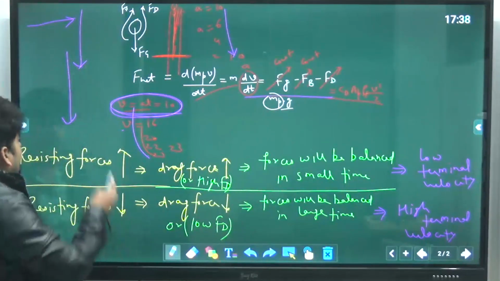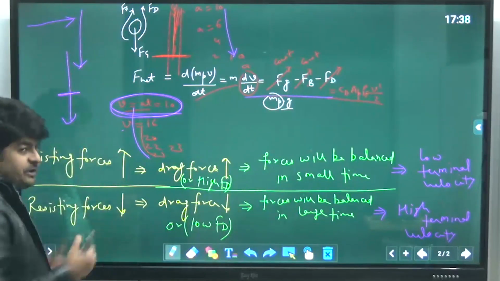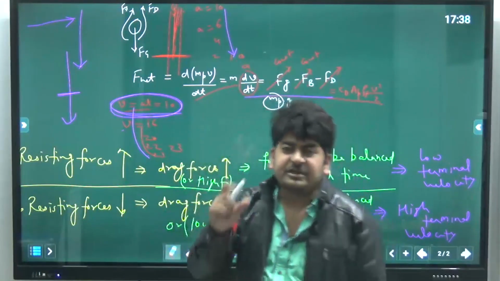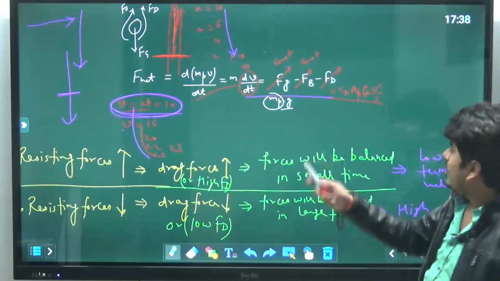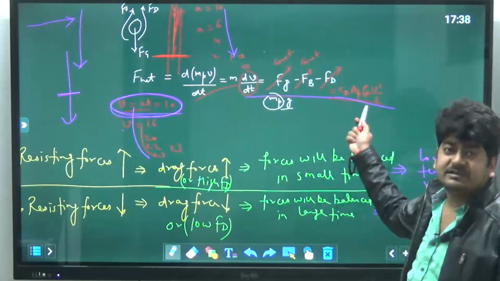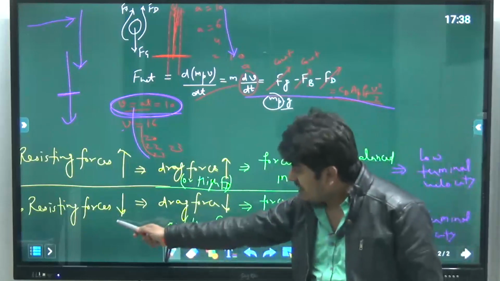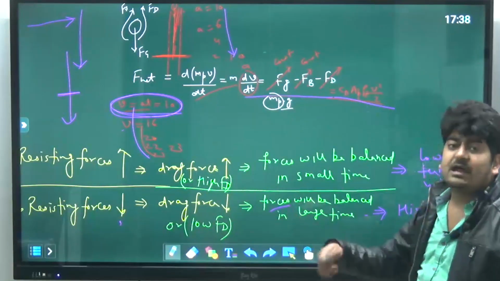Okay. What is the projected area of the person? Only this much, according to his body. The projected area will be small. And if projected area, that is AP, is small, you can see drag force will be small. And if drag force is small, then we have low resisting forces. The force balance will take place in larger time.